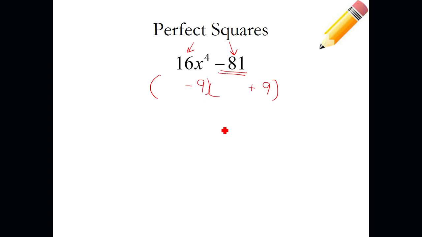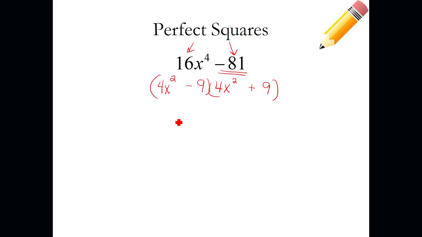Because the 81 is in the back or the end of that expression, I would place them in the end of my parentheses. Now what about 16x to the fourth? 16 is the perfect square root of that, 4, right? 4x, but that's more than just x, because x times x doesn't make x to the fourth. X squared, okay?